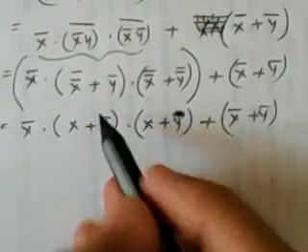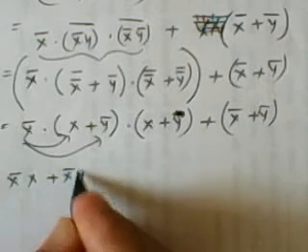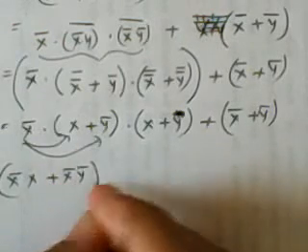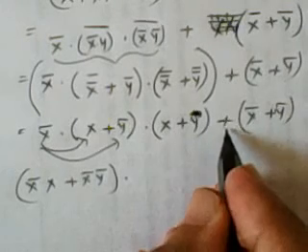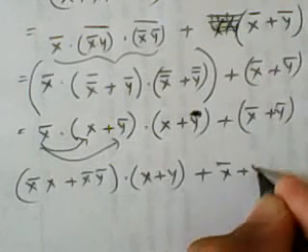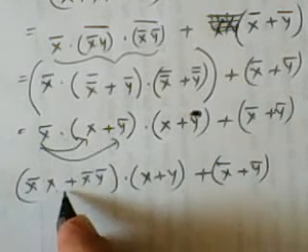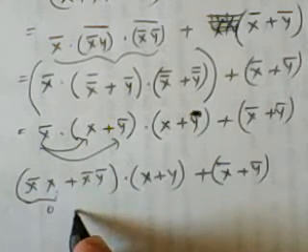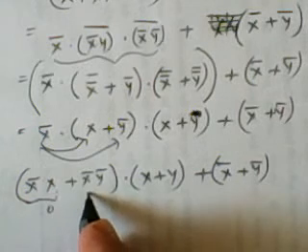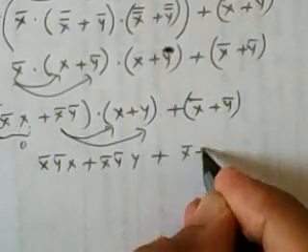Now simplification: x bar x plus x bar y bar whole dot x plus y, plus x bar plus y bar. Now this one you simplify. X bar x is how much? 0. This becomes 0. X bar y bar, so x bar y bar into x plus 1. I will multiply there only. It is x bar y bar x plus x bar y bar y plus x bar plus y bar.